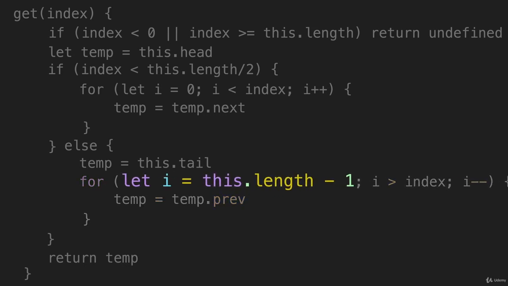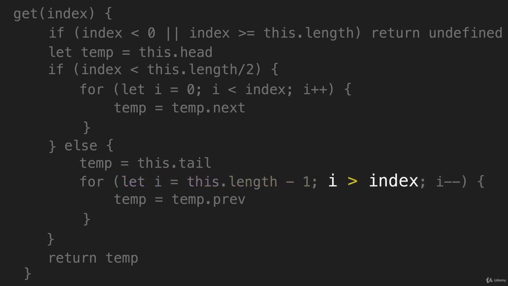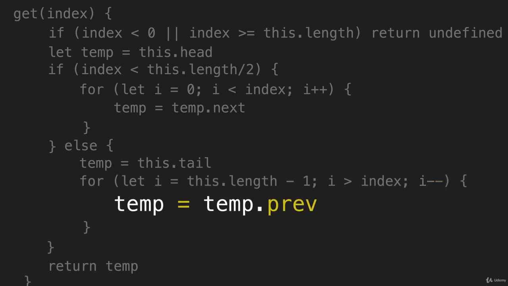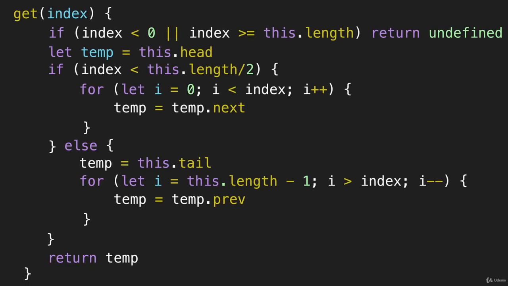We're going to start with i being equal to the index of the last item on the list, and say while i is greater than index instead of less than. Then we're going to decrement i. And then we're going to go the other way and use the previous arrows instead of the next arrows. All right, so that is all of our code for get.